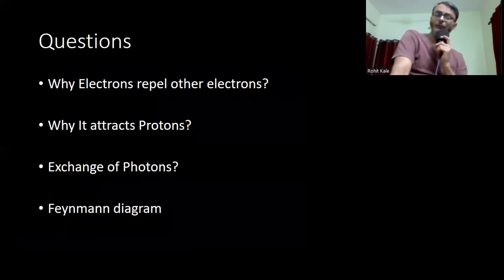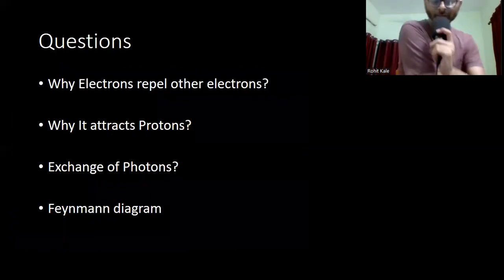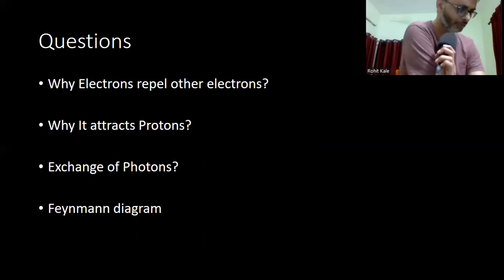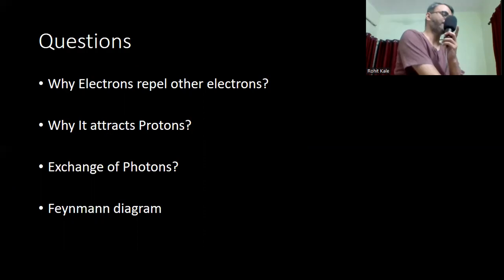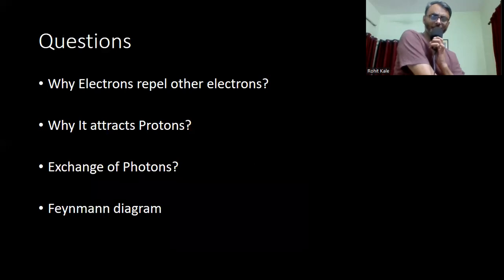So there are quite a few questions which today's physics, both quantum as well as classical physics, just brush under the carpet. Like, yes, we know that electrons repel each other, but what exactly is the mechanism with which they repel each other?